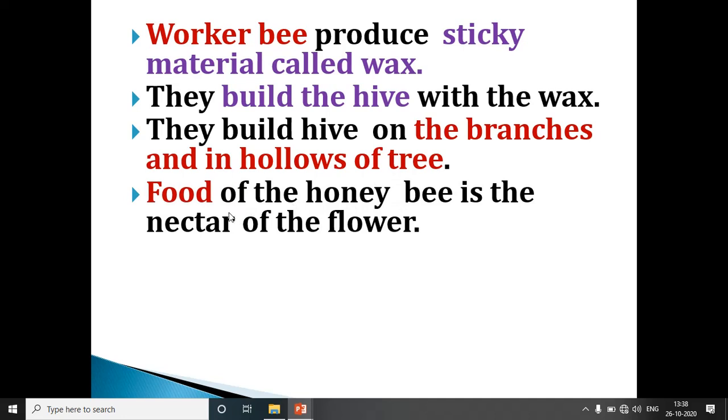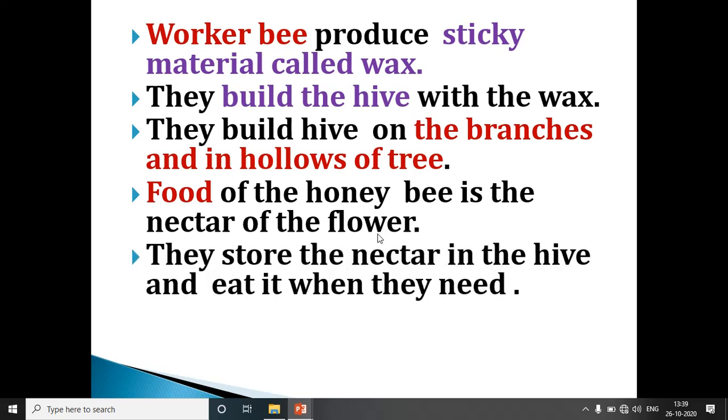Now, what is the food of the honeybees? The food of the honeybee is the nectar of the flower. In the first picture we have seen that the honeybee sucks the nectar of the flower. Why are they sucking the nectar? Because the food of the honeybee is the nectar of the flower. Understood, children?